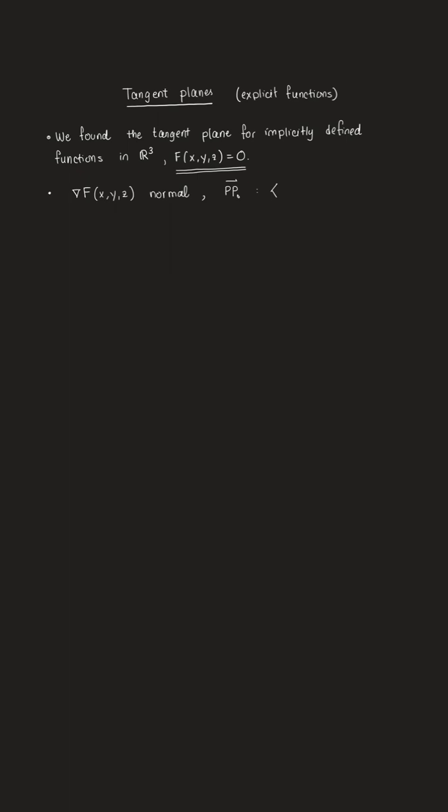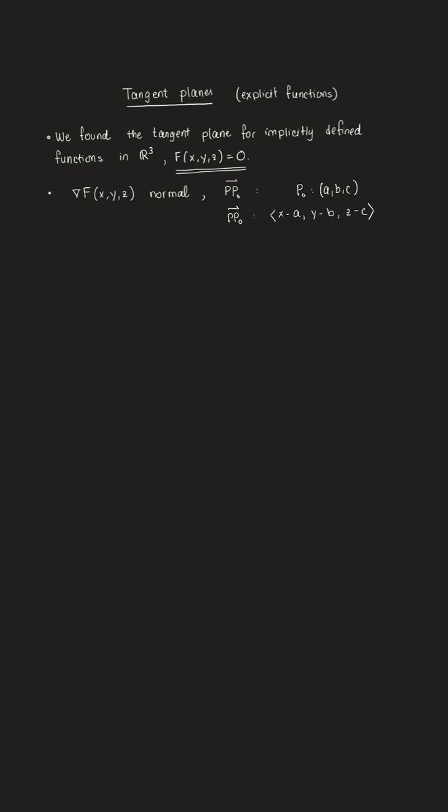So if our point P naught has coordinates a, b, c, then our vector P P naught, where P is any other point on the plane, would be x minus a, y minus b, z minus c.